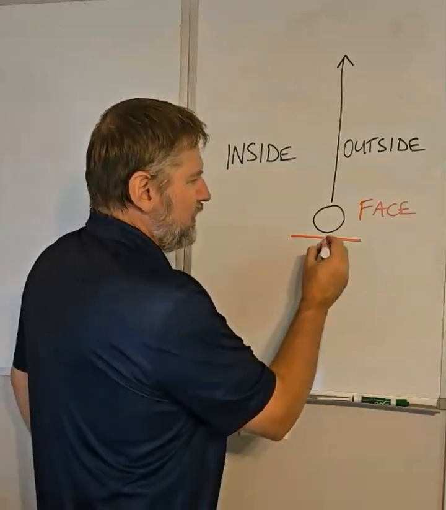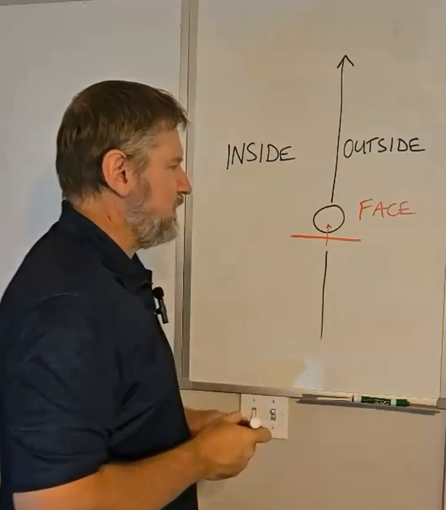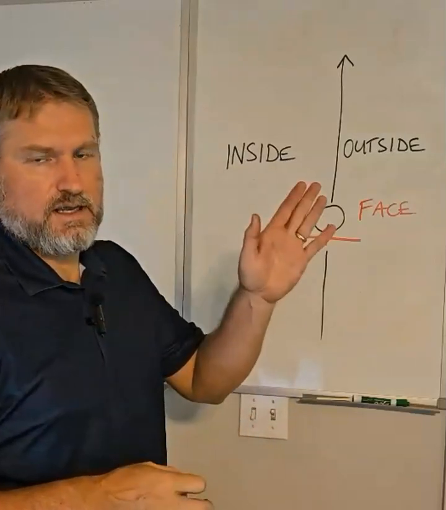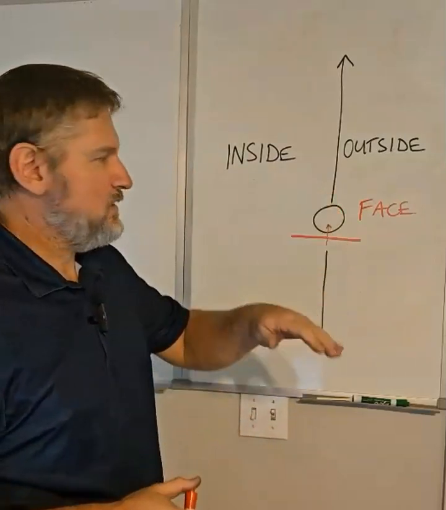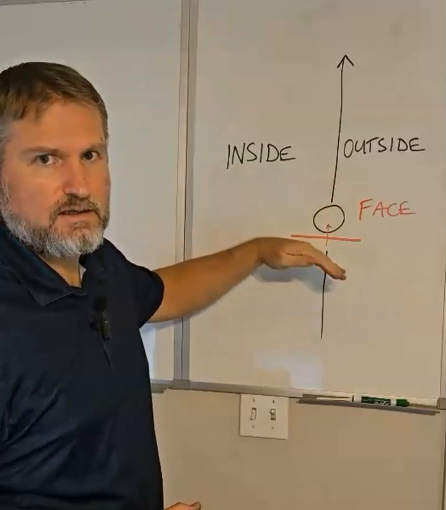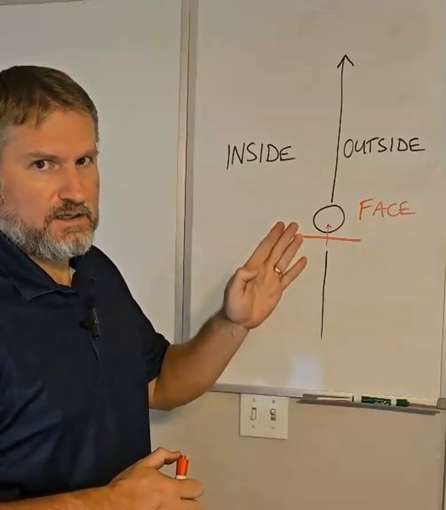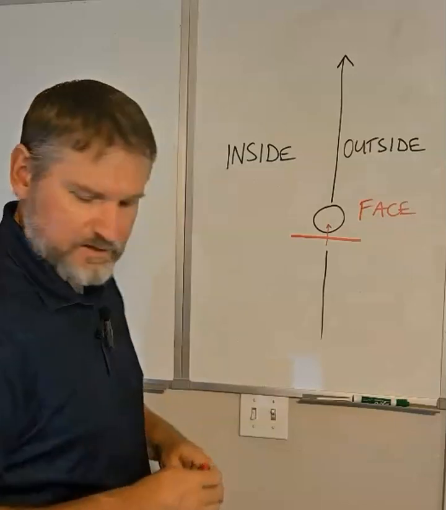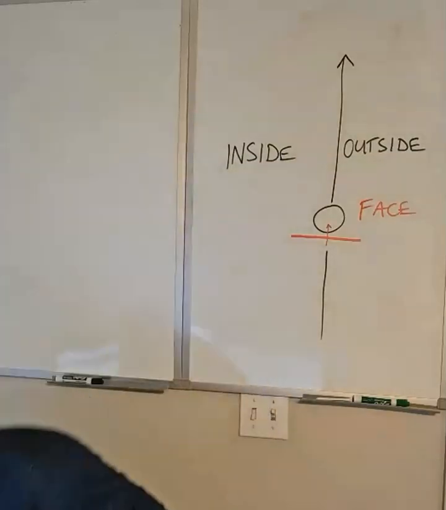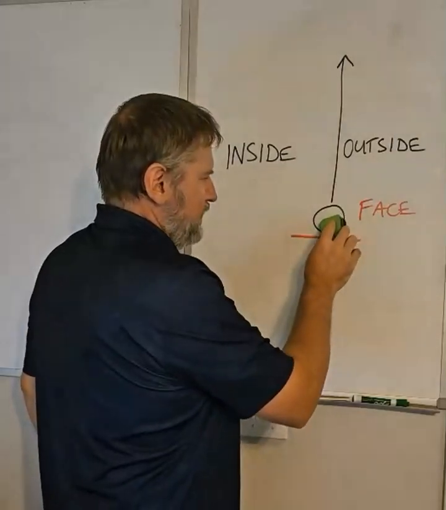If there was a little arrow coming off this club face, it is pointing in the same direction as your target line. So that club face is referred to as square to your target line, or also as pointing at your target line. So that's one option that we have when it comes to face, all right?